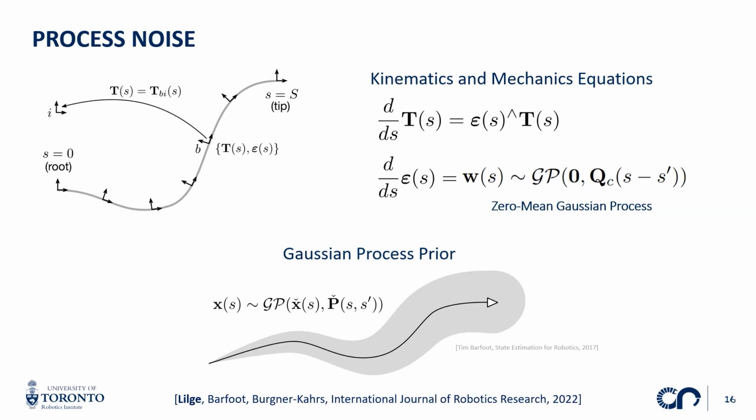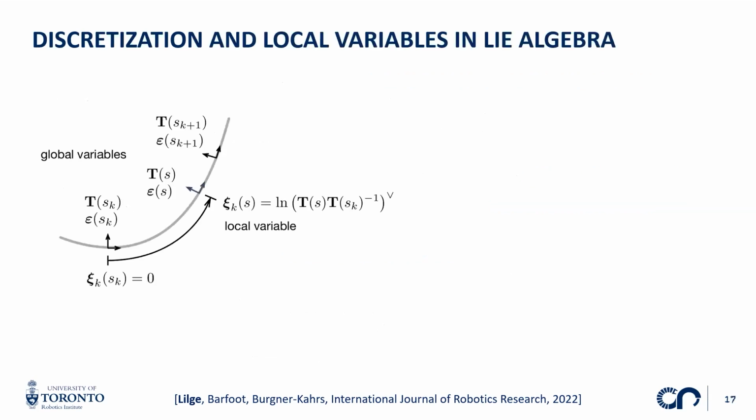To solve this problem, we do two things. The first thing is that instead of considering the whole center line of my continuum robot continuously, I discretize the state at certain points k into different estimation nodes.